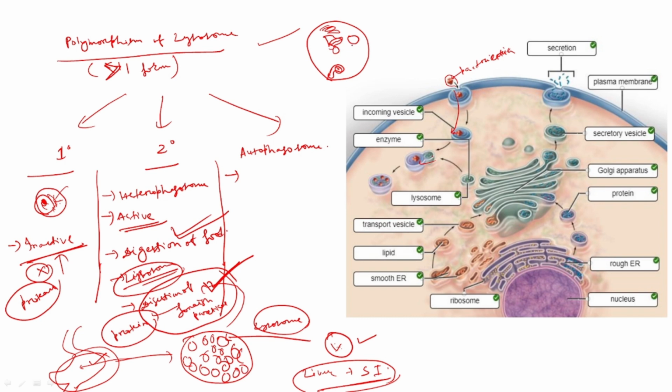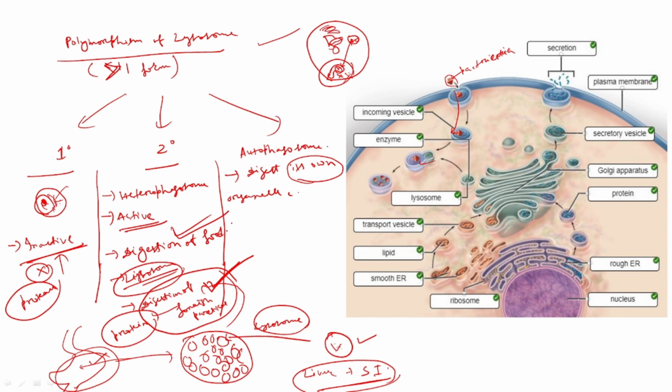So this mitochondria fuses and enters into the lysosome, and the lysosome digests it, because it is not now of use to the cell. So this autophagosome digests its own organelles which are damaged or dead, of course. That means autophagy means digestion of its own organelles.